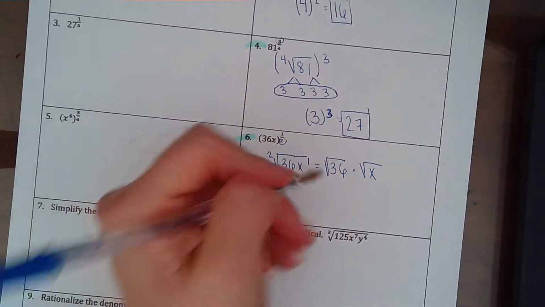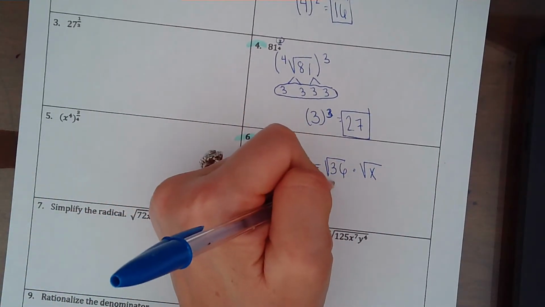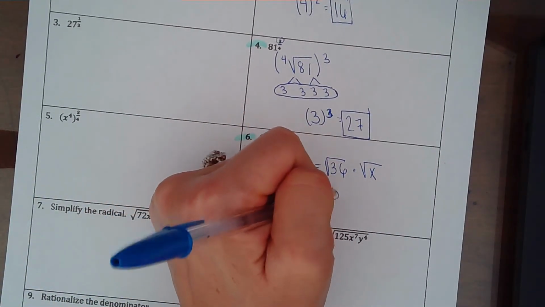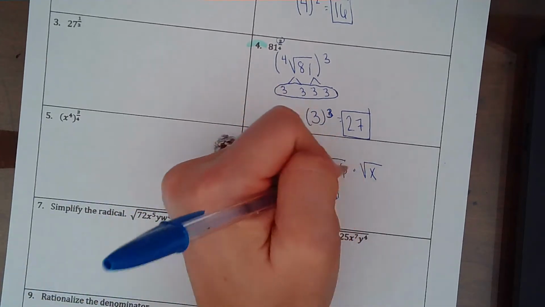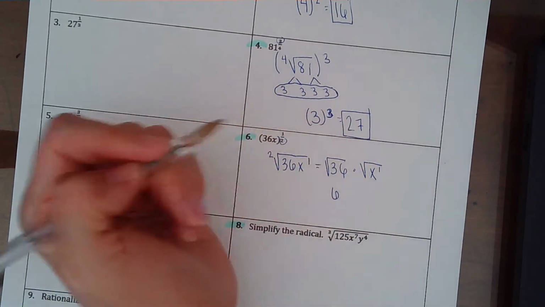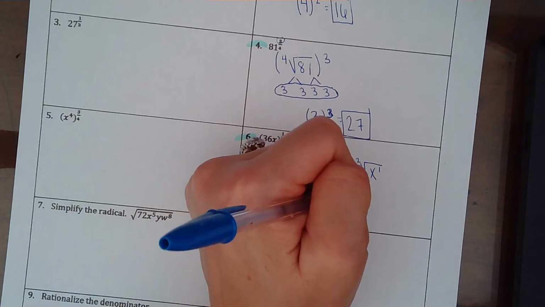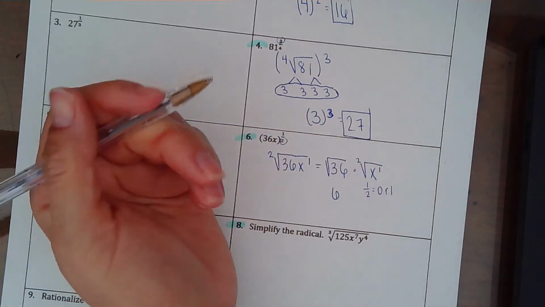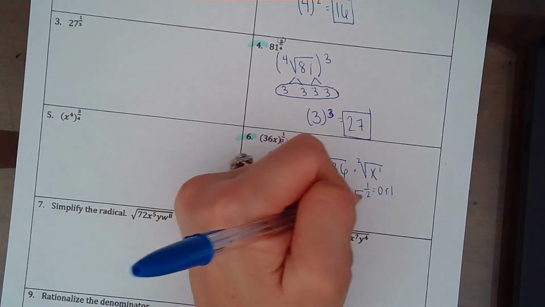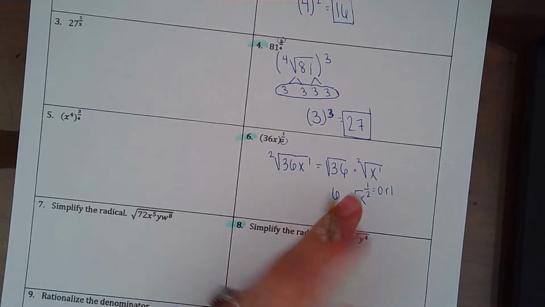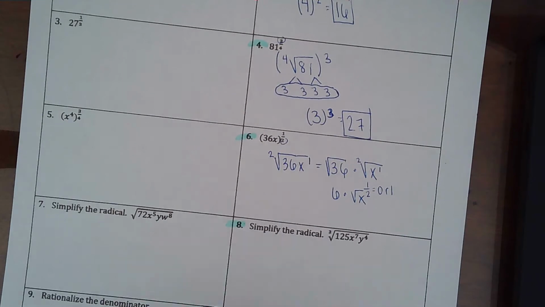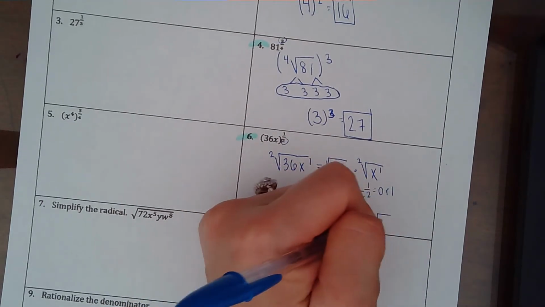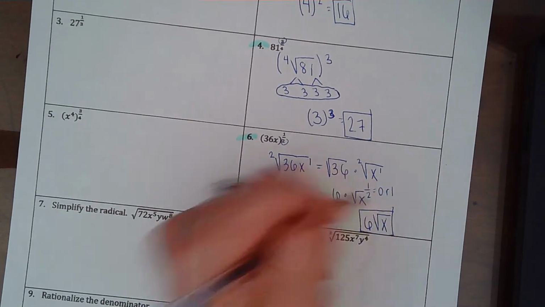Well, I know that the square root of 36 is simply 6. And then the square root of x, well, I take whatever is there and divide it by 2. Well, you can't do 1 divided by 2. That would be 0, remainder 1. And so x is going to have to stay in its radical. So your answer would simply be 6 rad x.